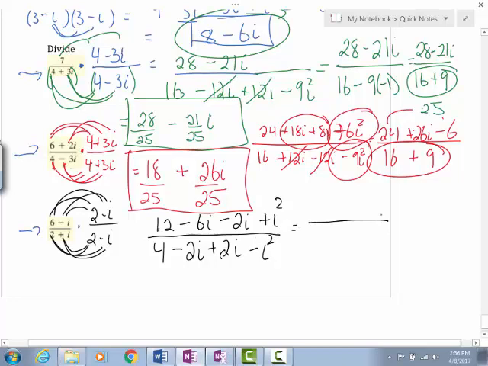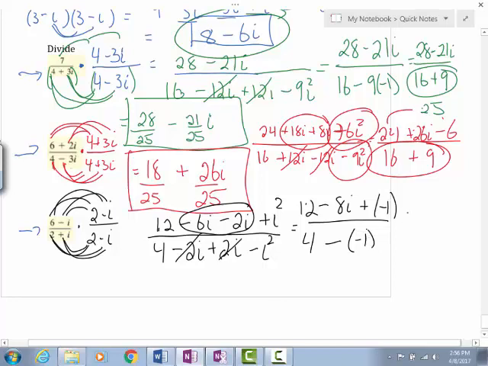Now I'm going to combine like terms. On the top, I'm going to have a 12. Minus 6i minus 2i is a minus 8i. i squared is negative 1. On the bottom, these two i's are going to cancel, so that's going to be 4 minus, and we said i squared was negative 1.